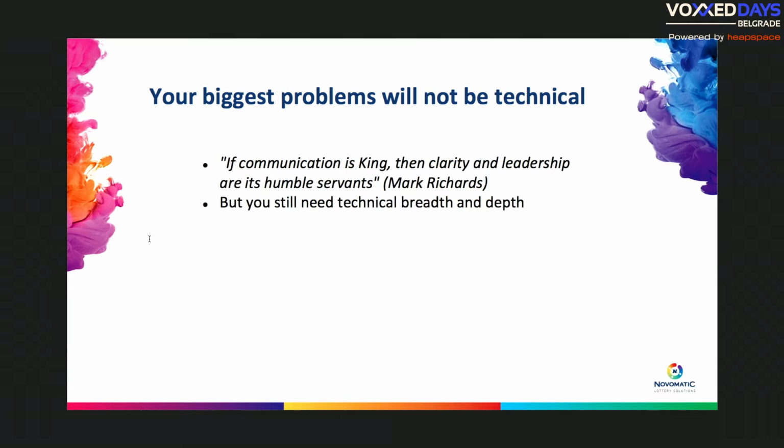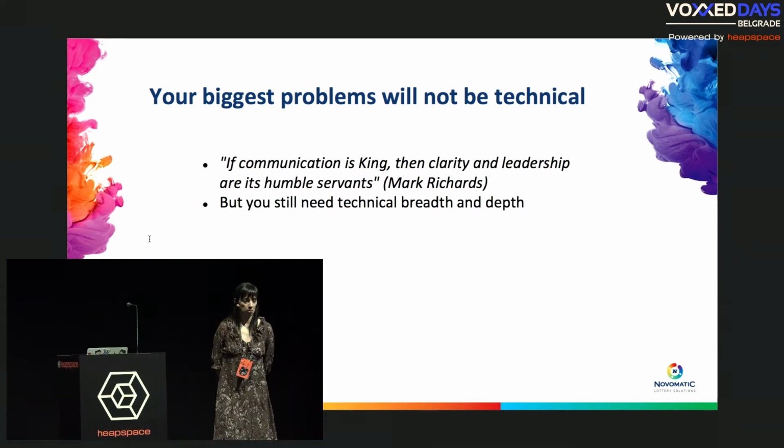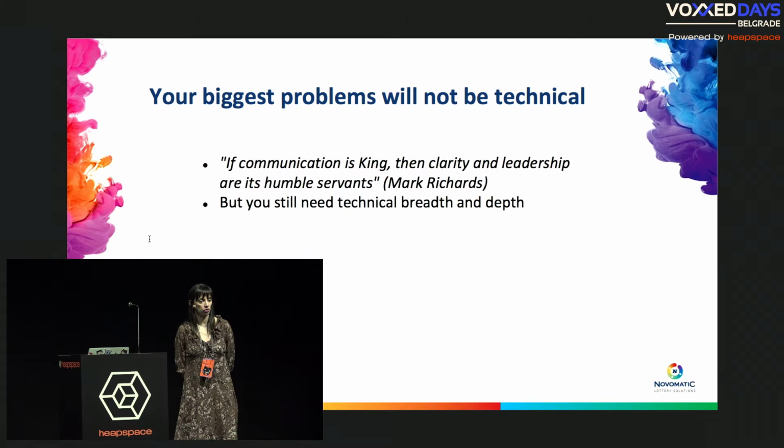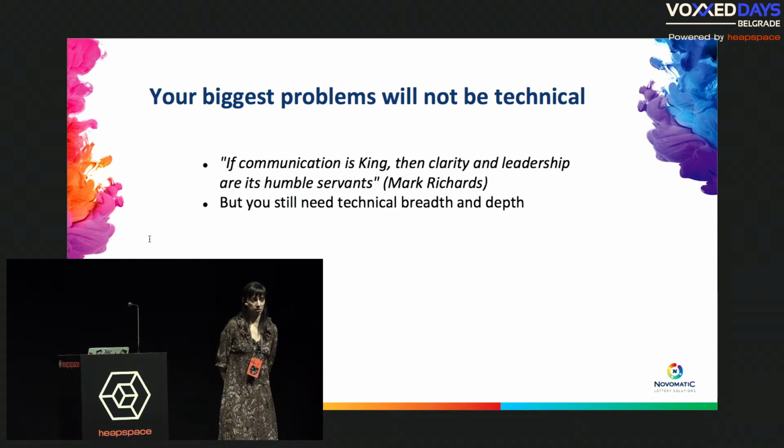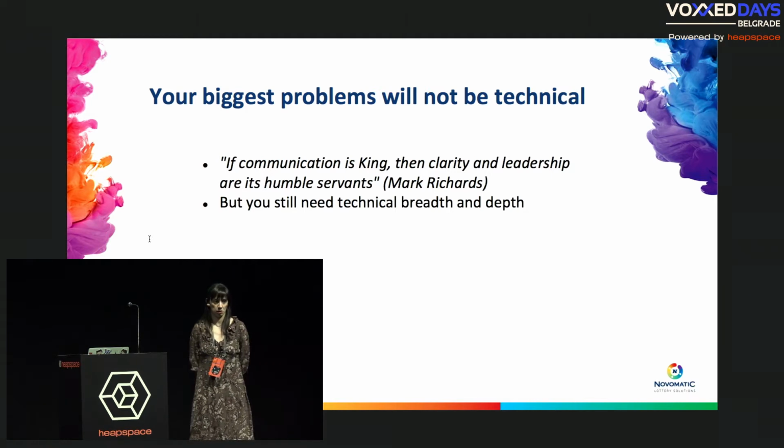Chances are that the biggest problems that you're going to face are not going to be technical. This may come as a surprise to you, because it's dealing with people. As a developer, you're used to dealing with machines. So you code, you compile or you don't compile, and you run, and it either works or it doesn't work. In this case, you are mostly dealing with people.